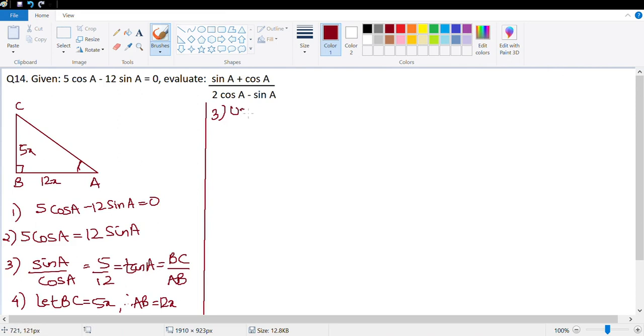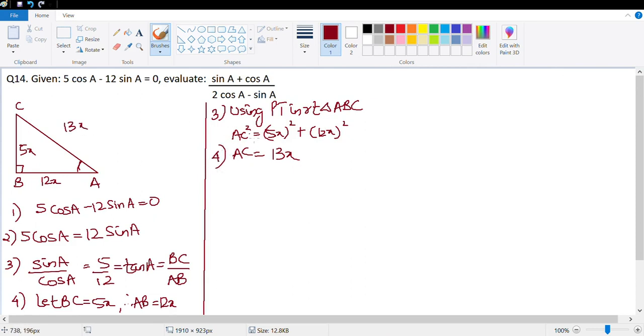So using Pythagoras theorem in a right triangle ABC, what I get is AC square is equal to 5x whole square plus 12x whole square, which is 25x square plus 144x square, that's 169x square, which means AC is equal to 13x.